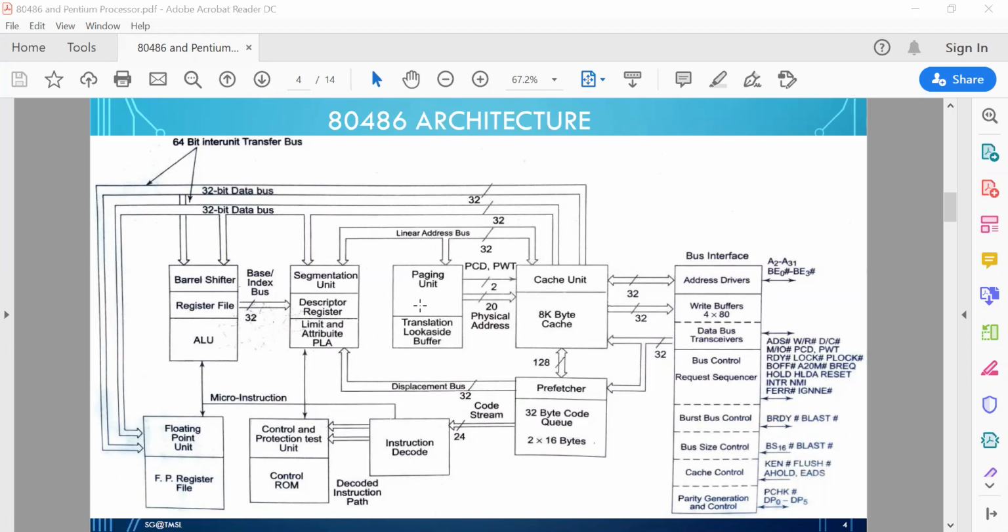The paging unit includes paging management logic and a 32-bit entry table.